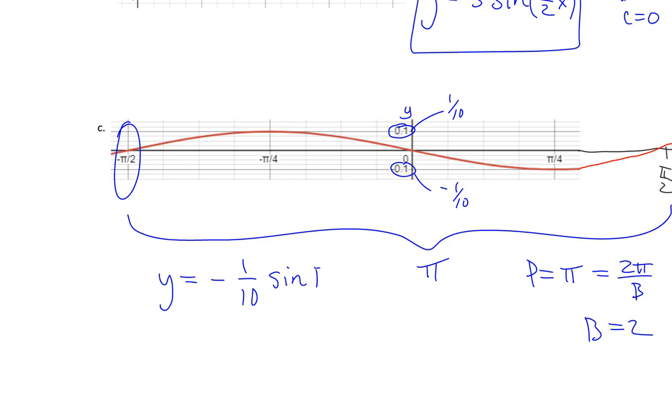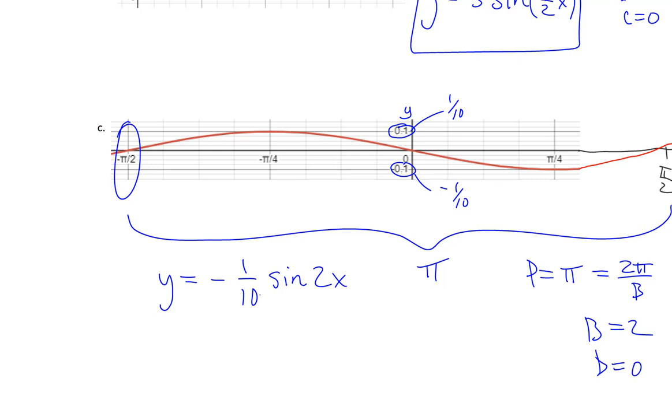So it's b times, if we had that factored out, it'd be x minus c plus d. We could say d is 0. And then c, again, you could adjust this to say it does have a phase shift or not. I think we'll go without one, because why, if we don't have to, bother with it? So we could say just 1/10 sine of bx, so 2x.